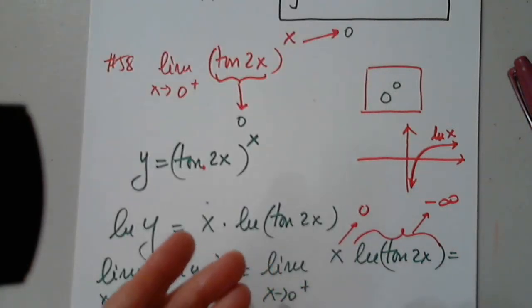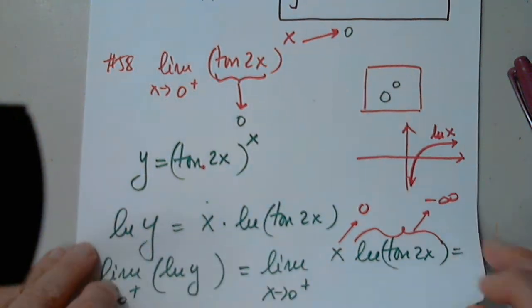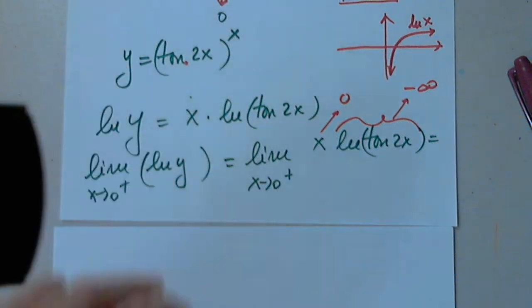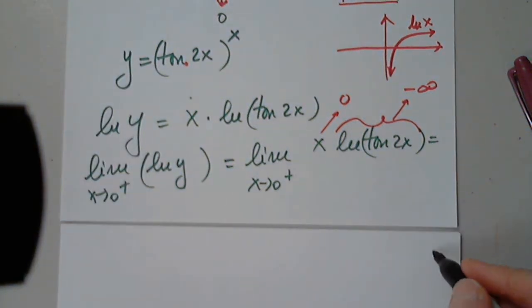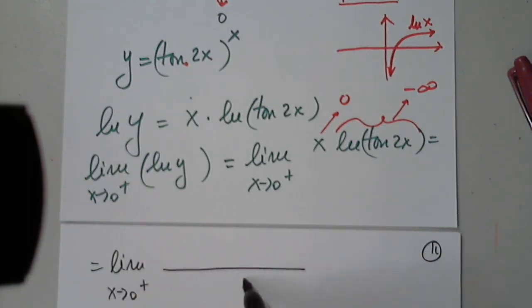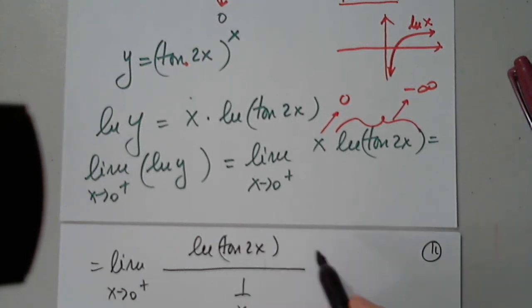And we just did something very similar. What do you think I'm going to do? Make x the denominator. Exactly. Very good. Limit as x approaches 0 from the right, 1 over x, natural log, tangent to x.